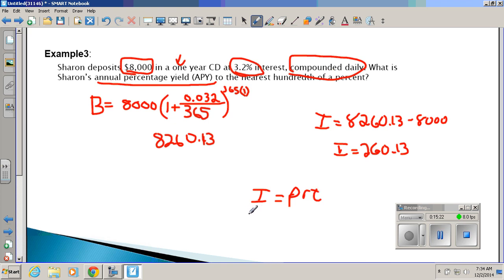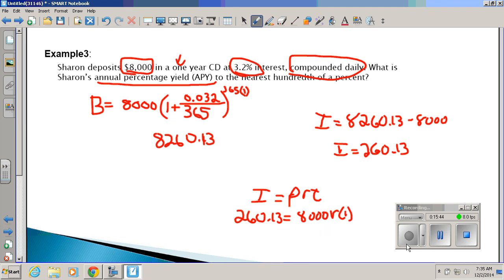And her interest was $260.13. Her principal was $8,000. Her rate is what you're trying to find, and her time in years was 1. Okay?